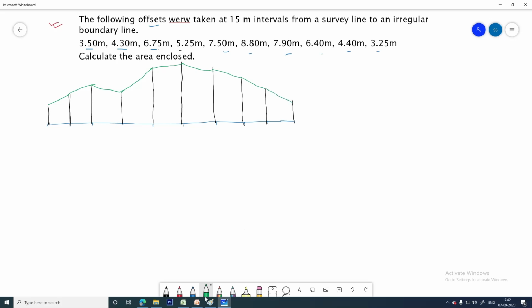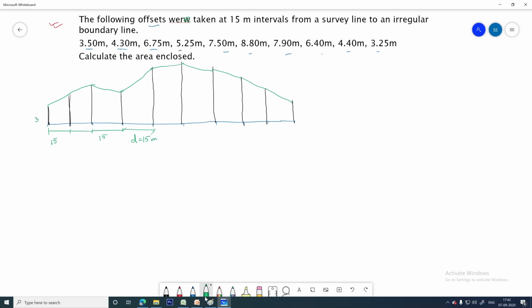It is taken at 15 meter intervals. That means the distance between each two consecutive offsets is 15 meter. So all of these are 15 meter. That means the common distance here is 15 meter, and the offset values are given.